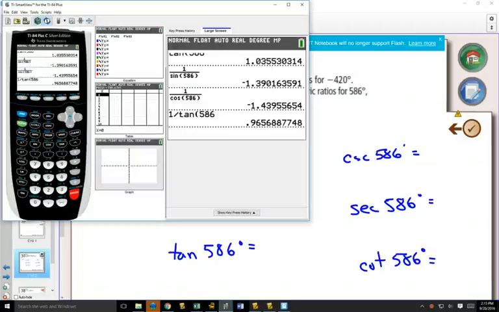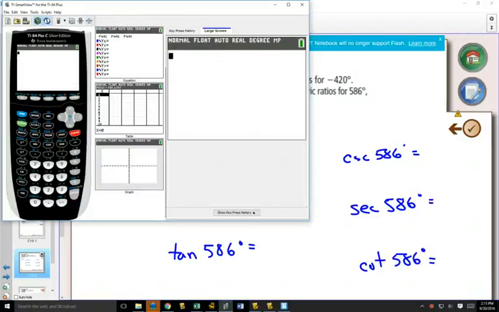First thing I want to check, if we do sine of 586 degrees, did you get the same answer that I did? Because the first thing we want to check is to make sure that our calculator is in the right mode.